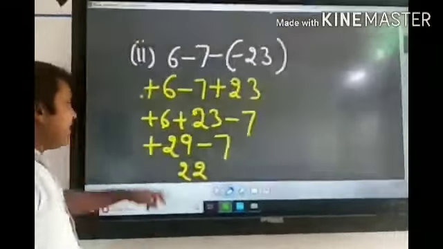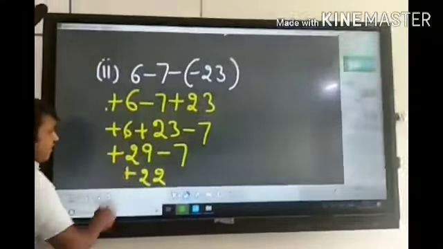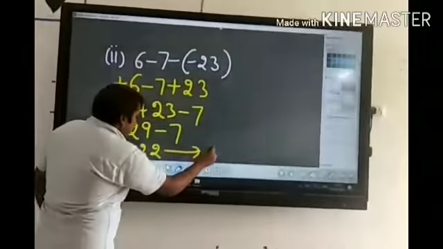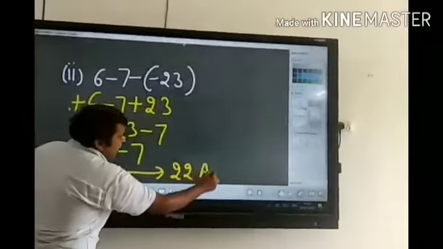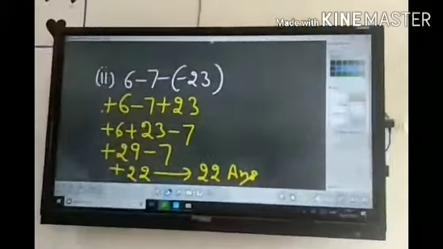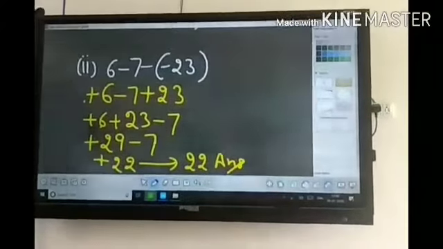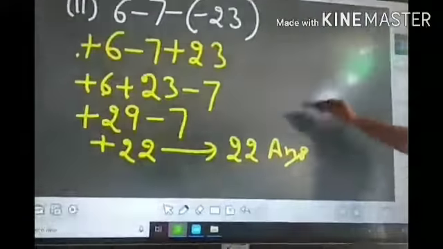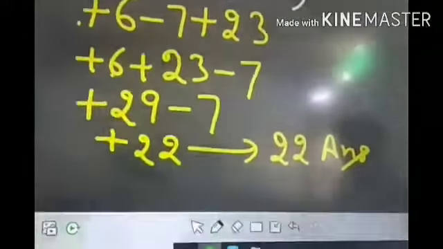Now which one is greater? 29 is greater, therefore I will write the symbol of 29. As I can skip it, I can write the answer 22. So in this way we solve this sum.